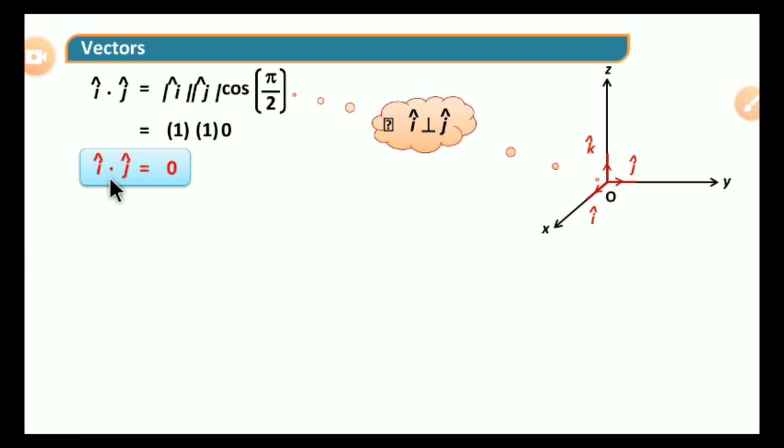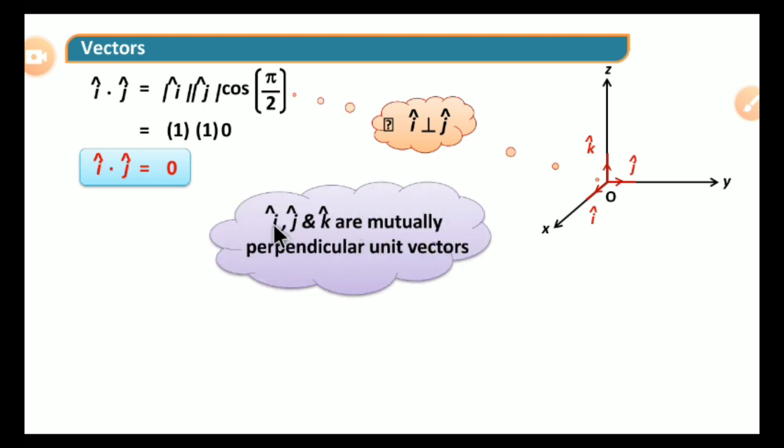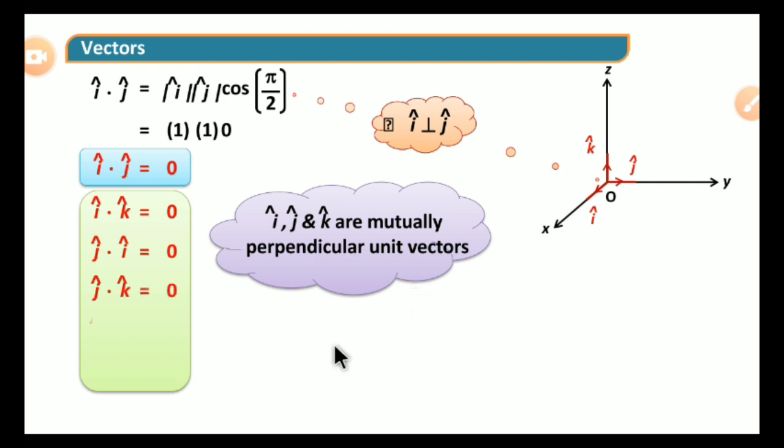Whenever you take the dot product of different unit vectors, it becomes 0, because i, j and k are mutually perpendicular unit vectors. So i dot k equals 0, j dot i equals 0, j dot k equals 0, k dot i equals 0, and k dot j is also equal to 0. Students, observe that the dot product of different unit vectors is always 0.